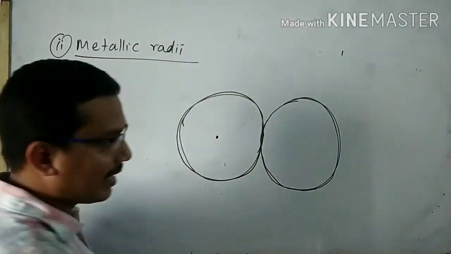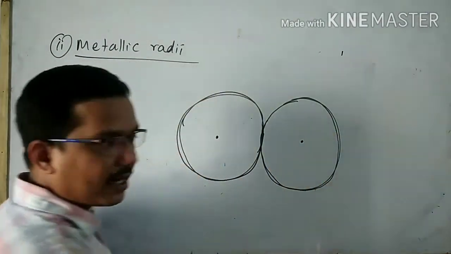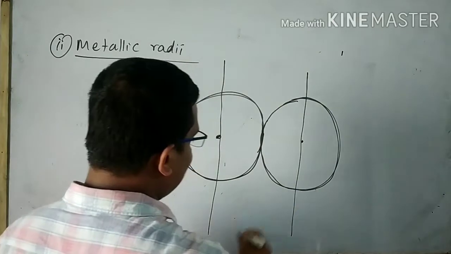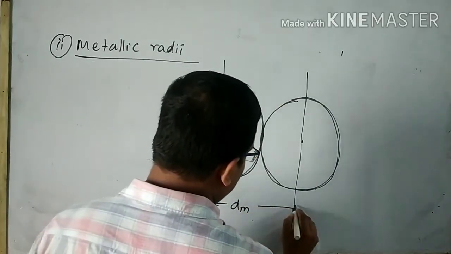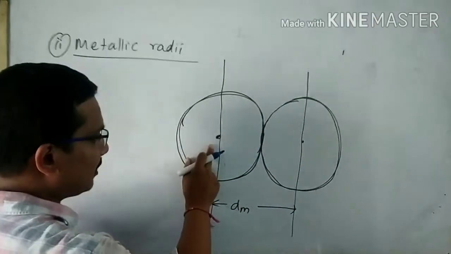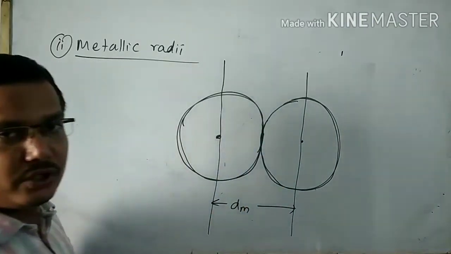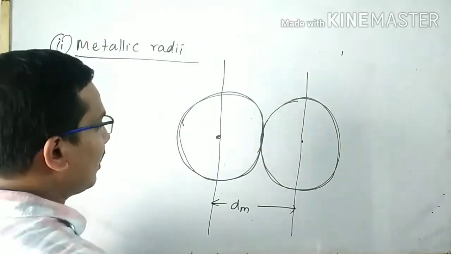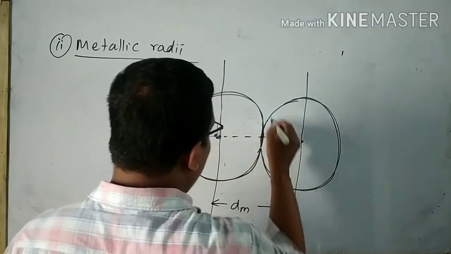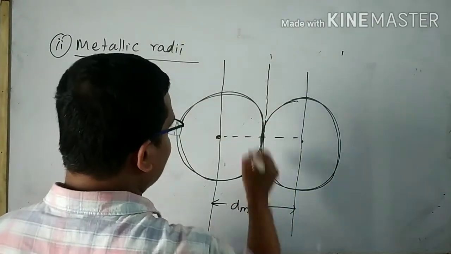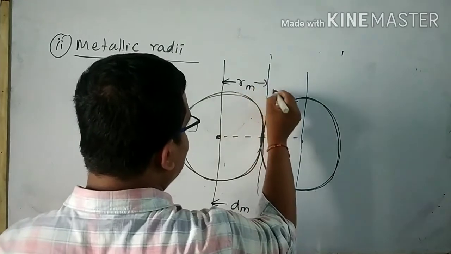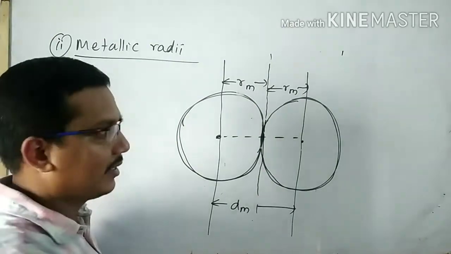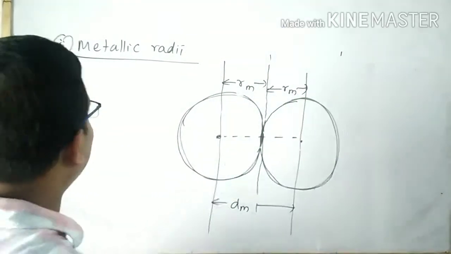This is the center of one metal atom, this is the center of another metal atom, and this is the distance, taken as dm. Dm means the distance between the two centers of the two nuclei of two adjacent metal atoms. Then what will be the half? Half means this. This is Rm and this is also Rm. Rm means metallic radii.